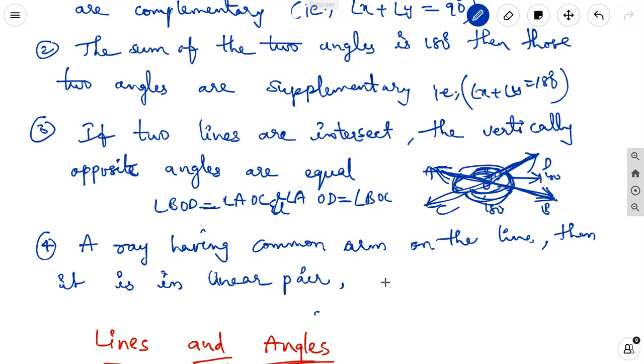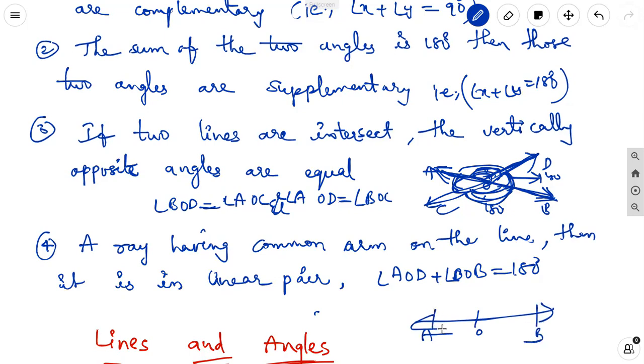That is nothing but angle AOD plus angle DOB is equal to 180 degrees. Why? Because in the above figure, AB is a line, and OD is a ray on the line AB. Here, this is one angle, this is another angle. These two are called adjacent angles.